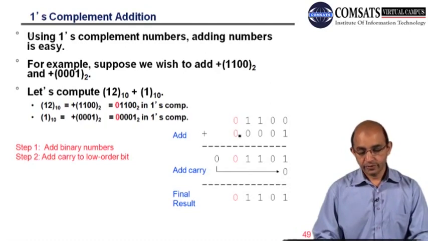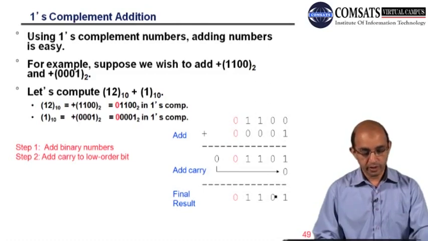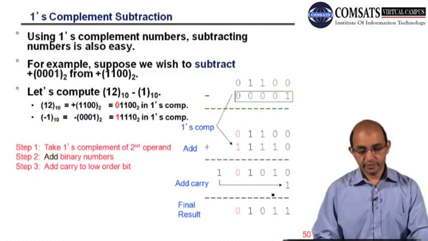We perform the addition by using 1's complement: 1 1 0 0 plus 1. After addition, since we don't have any carry, the result is 1 1 0 1. This is the addition by using 1's complement.